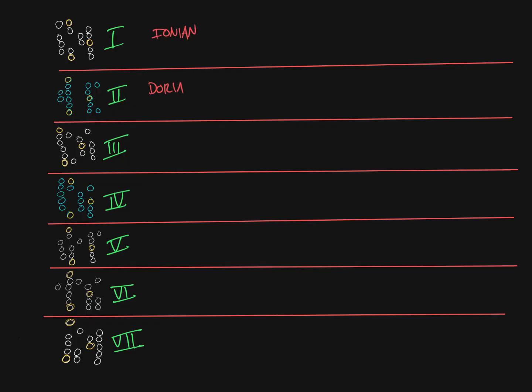Here I'm going to write out the Greek name: Ionian, Dorian, Phrygian, Lydian, Mixolydian, Aeolian, Locrian. Each one of them also has a harmony associated with it.